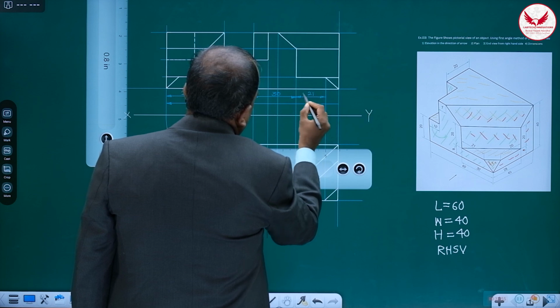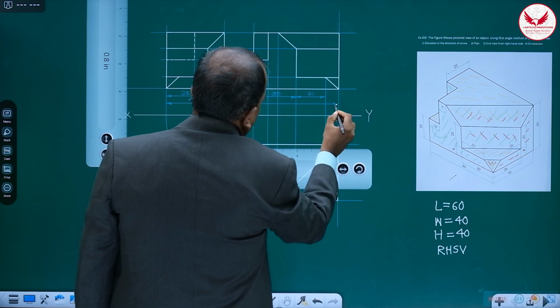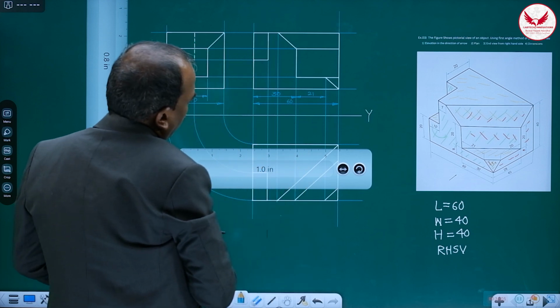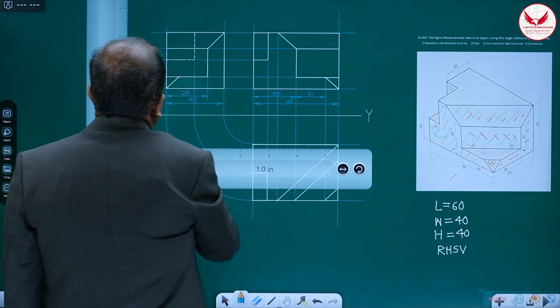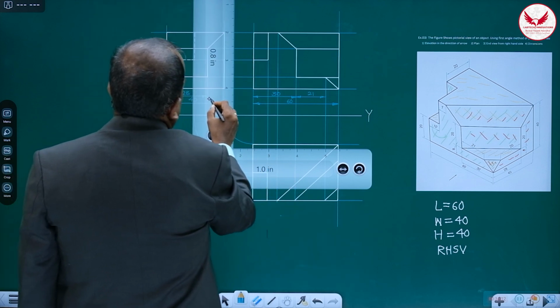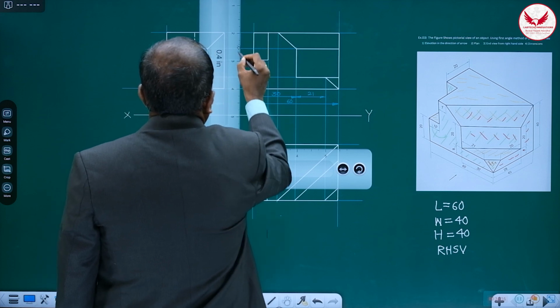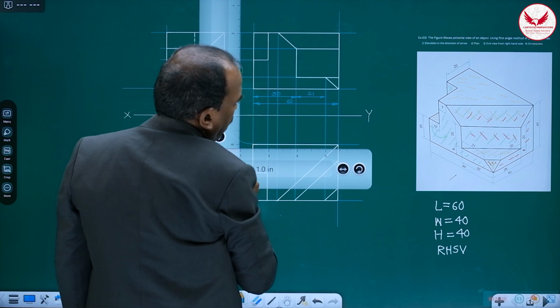It's 21. This overall it's 60. Then that remaining is 9 only. Then this height we can mark.